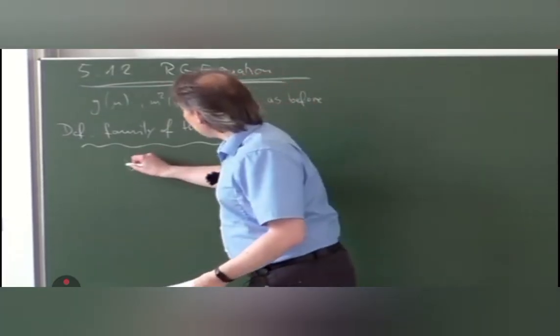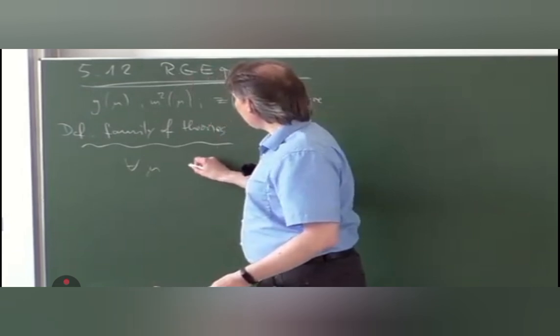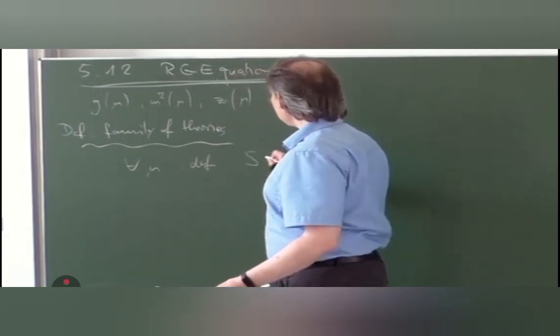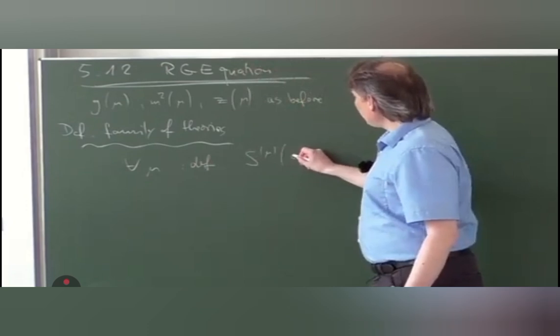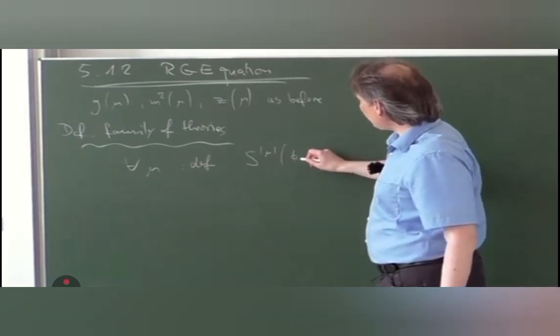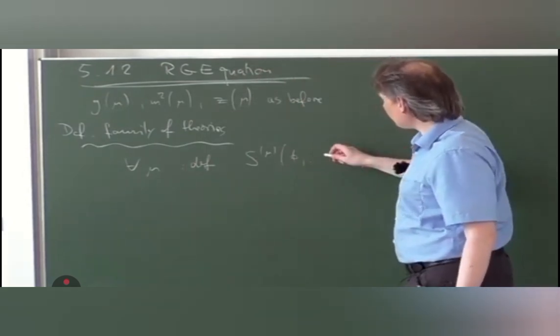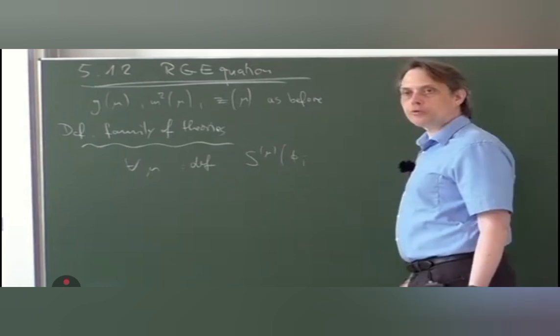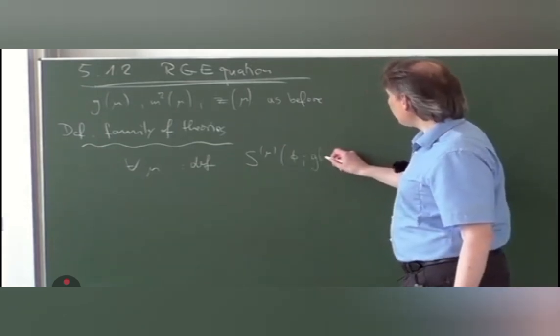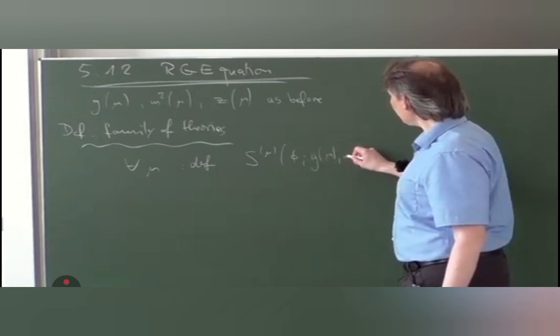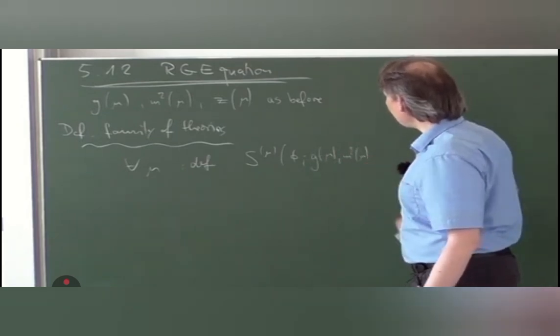So for any mu, we can define an action which depends on mu, S of mu, an action out of the renormalized quantities. So it depends on the renormalized field phi, the renormalized coupling g of mu, the renormalized mass m squared of mu.